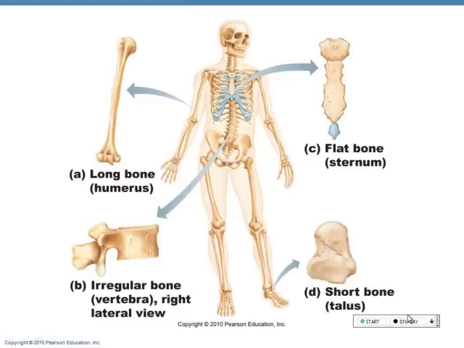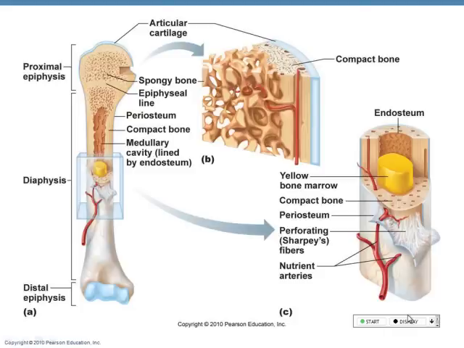So when we look at spongy bone, that's why it got its name, because it looks like a sponge. Those holes are important. Those holes are going to house things like red bone marrow. So spongy bone, or diploe, you'll see the term used, can also be found as part of our skeleton as well. So we are going to find combinations of compact and spongy bone throughout the skeleton.